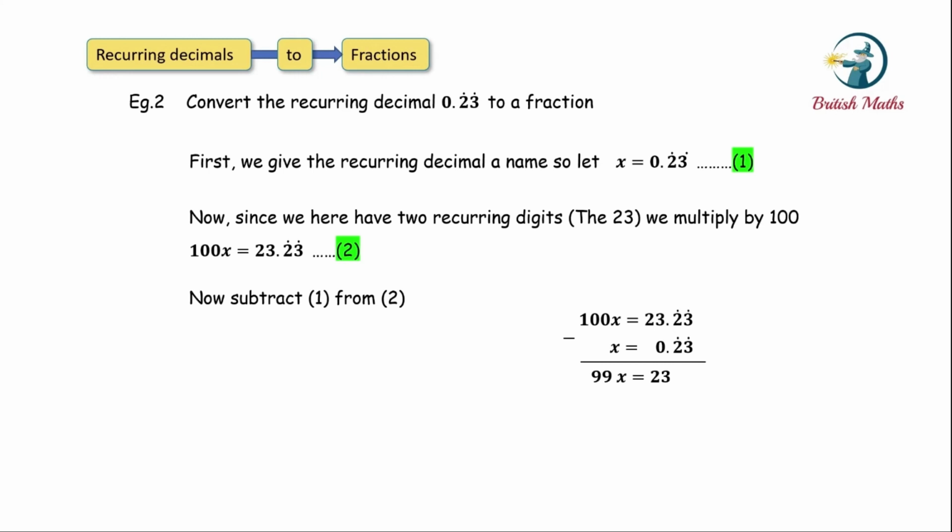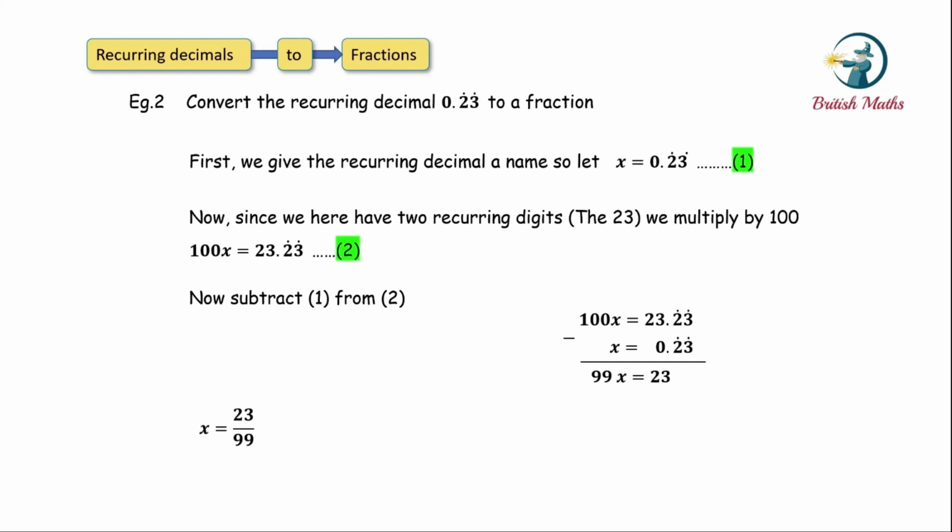So our target is to remove the recurring part, and we succeeded in removing the recurring part. So x becomes 23 over 99. If you try in your calculator to simplify this, you'll find that that's the simplest form you can get, 23 over 99. So this is the equivalent fraction to the recurring decimal.